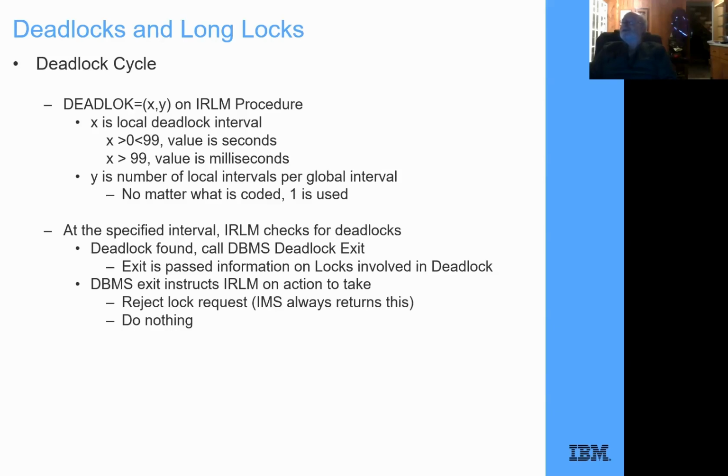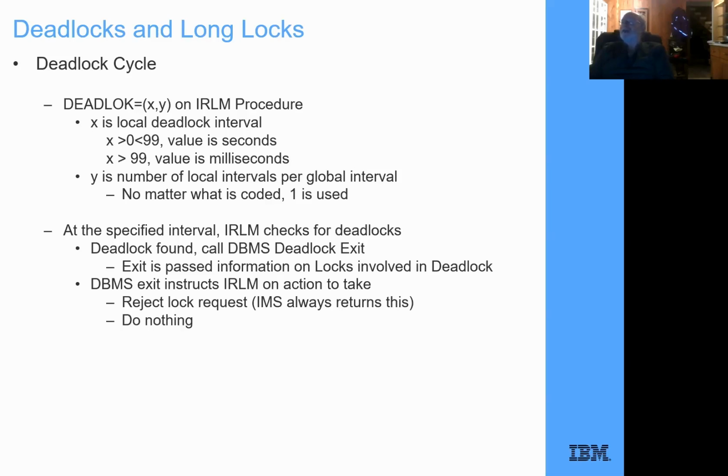And Y is obsolete. It's the number of local detection intervals per global interval. It used to be that IRLM would look for local deadlocks at a different interval than it looked for global deadlocks, but that's no longer true. No matter what is coded, one is used. So at that specified time interval, IRLM checks for deadlocks.